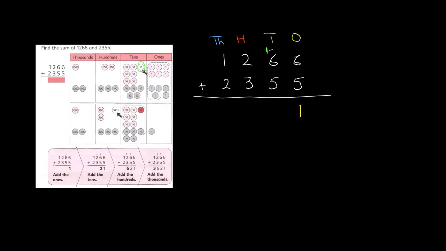I'm going to get 11 tens, but I also have one more, so I have 12 tens. So the 12 tens, I'm going to keep 2 tens here, and the 10 tens will get converted into 100, and this right over here is the 100 that I'm talking about. Now I have 200s plus 300s makes 500, but I have another 100, so it's going to be 600. And the thousands just stay as is, so it's going to be 3,621.